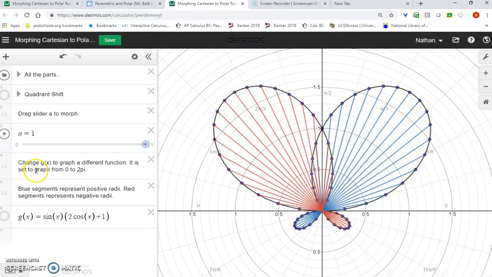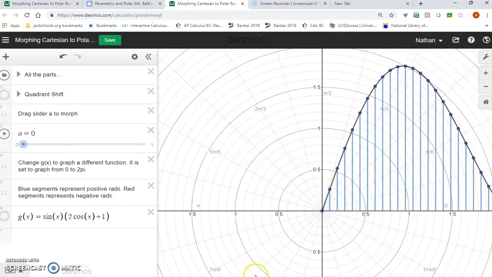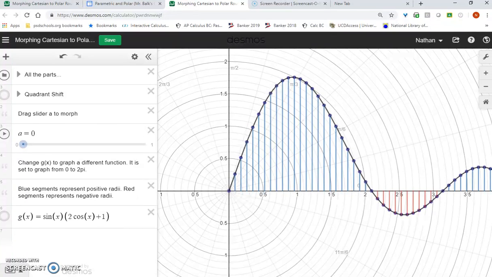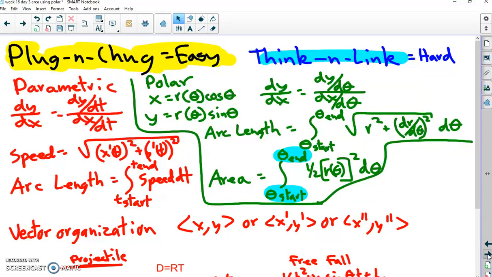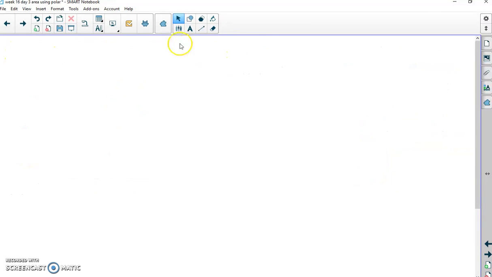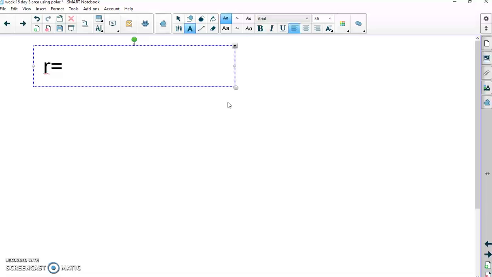So now let's do one that I think you should get all by hand. So I want this guy. I want you to do r equals 6 sine theta minus 3.